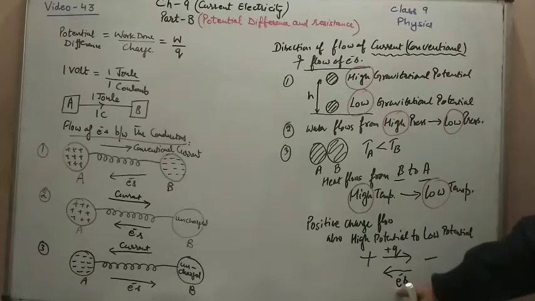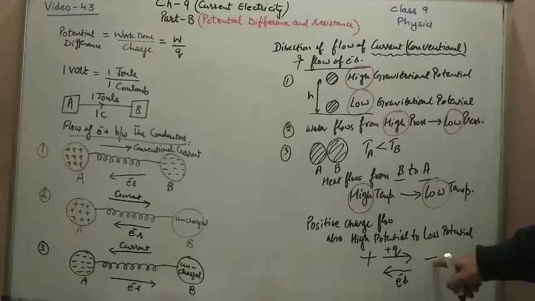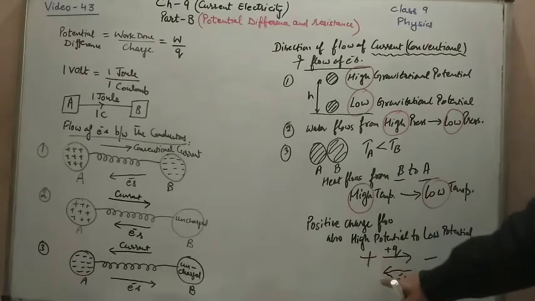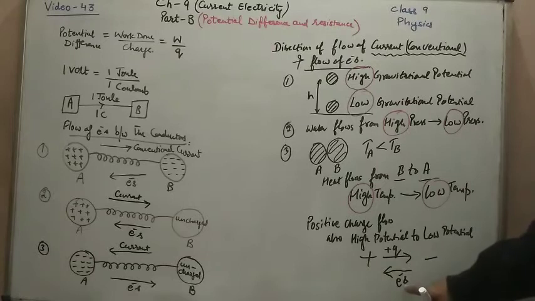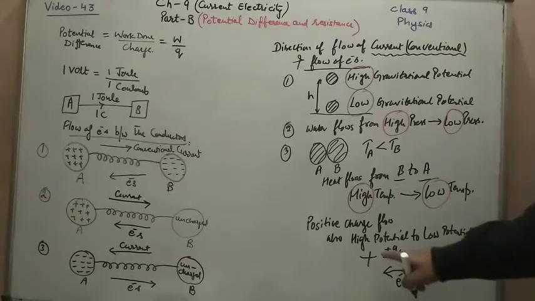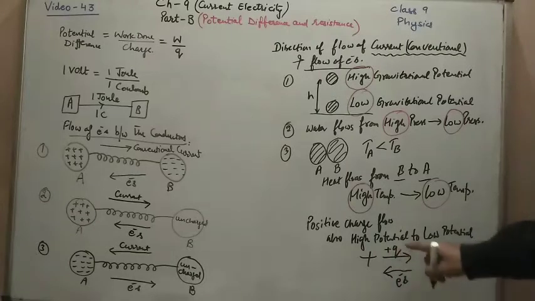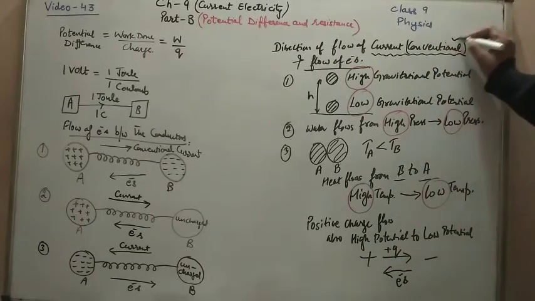Because electrons are negatively charged particles and they will move from the negatively charged body towards the positively charged body. Negative they will repel, and positive is there to attract all the electrons. So electron flow will constitute electronic current, and the flow of positive charge will constitute the conventional current.